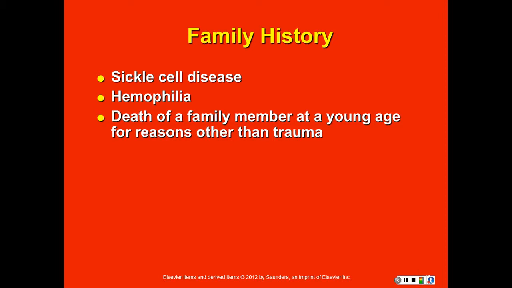We want to ask, has there been any family member that has died at a young age for reasons other than trauma? This may indicate that they have some type of genetic hematologic problem. Did your patient or anybody in the family have any problem with postpartum hemorrhage?